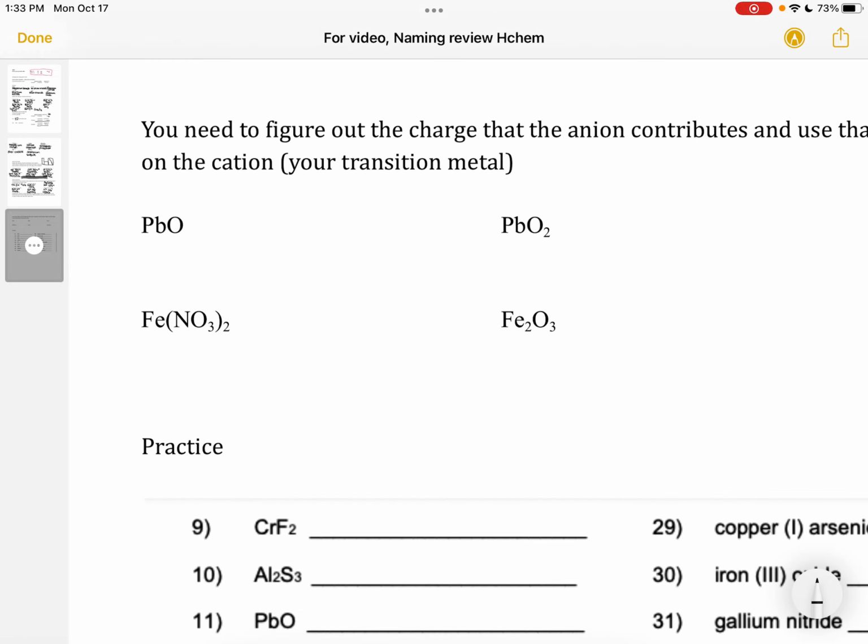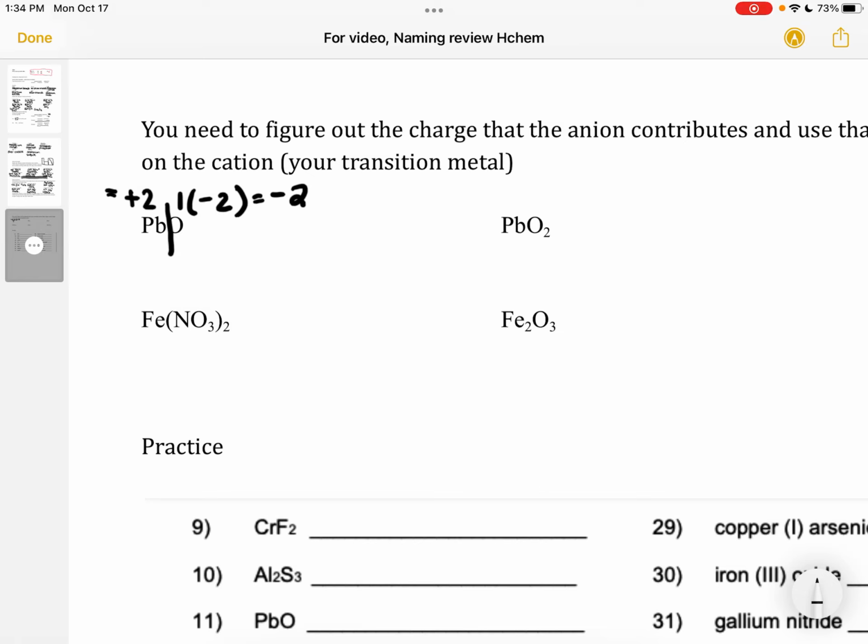PbO. I'm going to split it in half. There is 1 oxygen, and each oxygen is a -2, so that gets me a -2 on this side. So this side needs to be a +2, and there's 1 lead that's going to give me that +2.